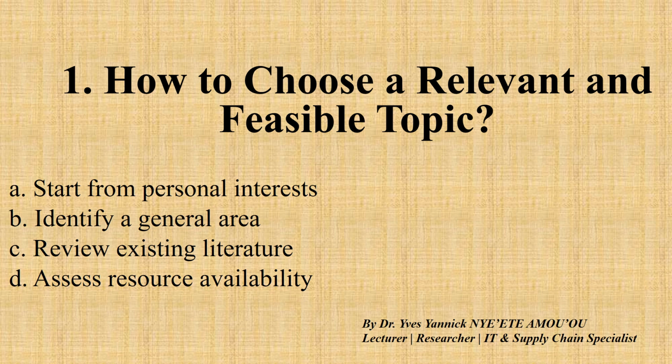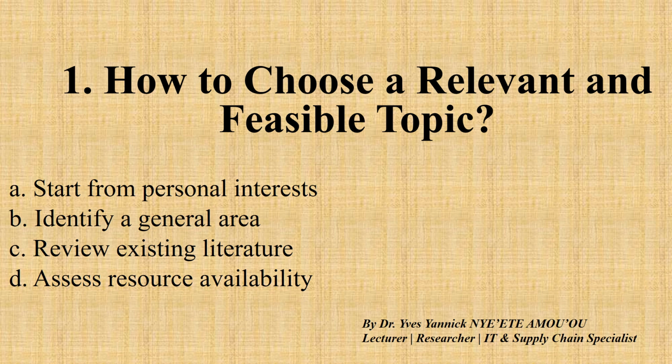In C, you have review existing literature. When we are talking about literature review, the meaning is to explore what has already been published, to understand the current state of research, and identify knowledge gaps. It's very important.